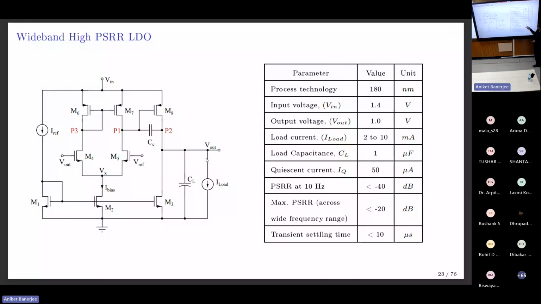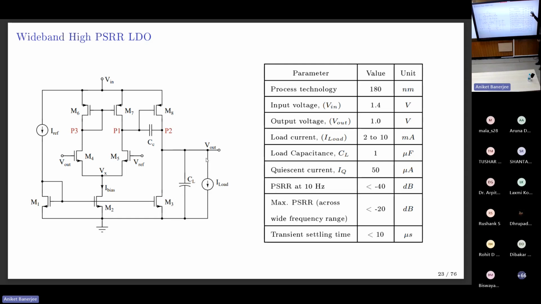There is a DC PSRR target, let's say less than minus 40 dB, and a max PSRR of say minus 20. That means it doesn't go all the way up to 0. It is always less than minus 20 across all frequency ranges. So these 2 specifications are tied to the wideband high PSRR topology of this LDO.